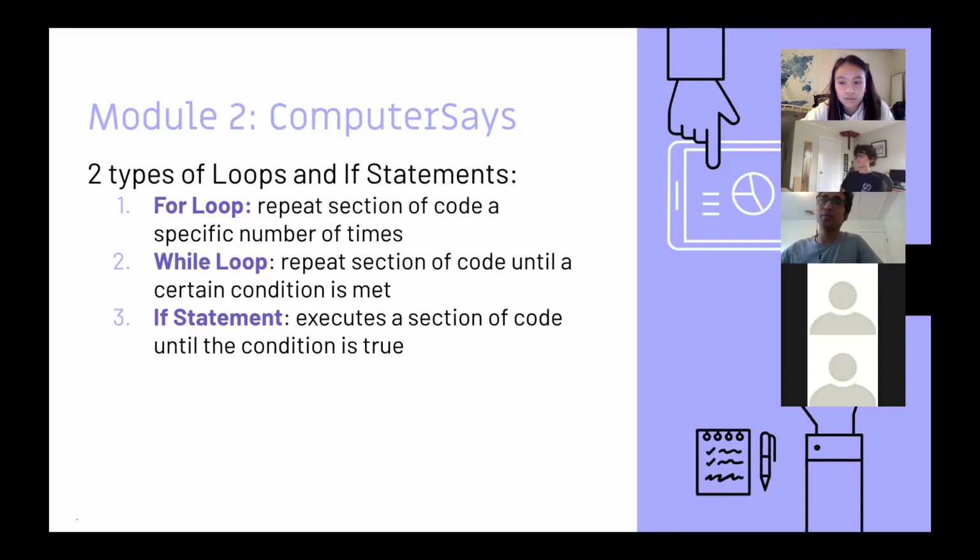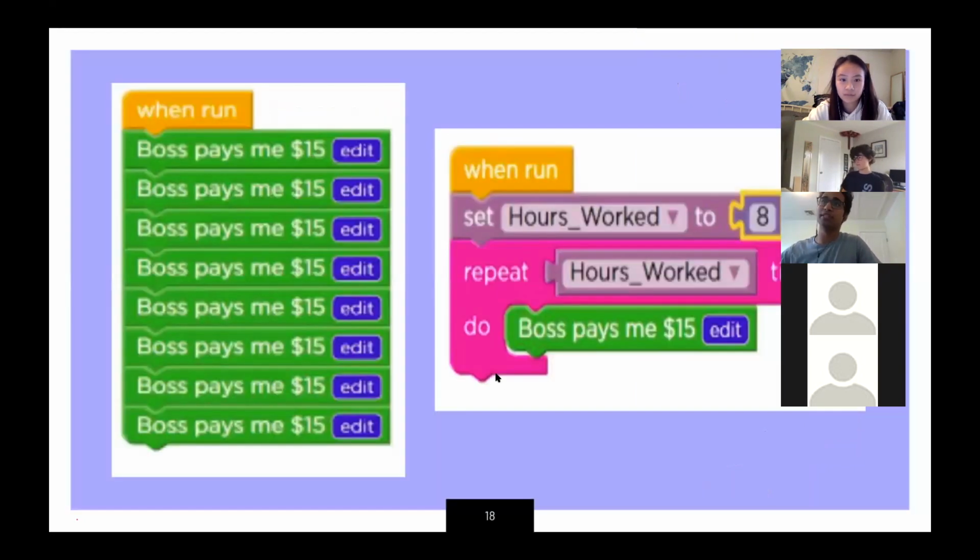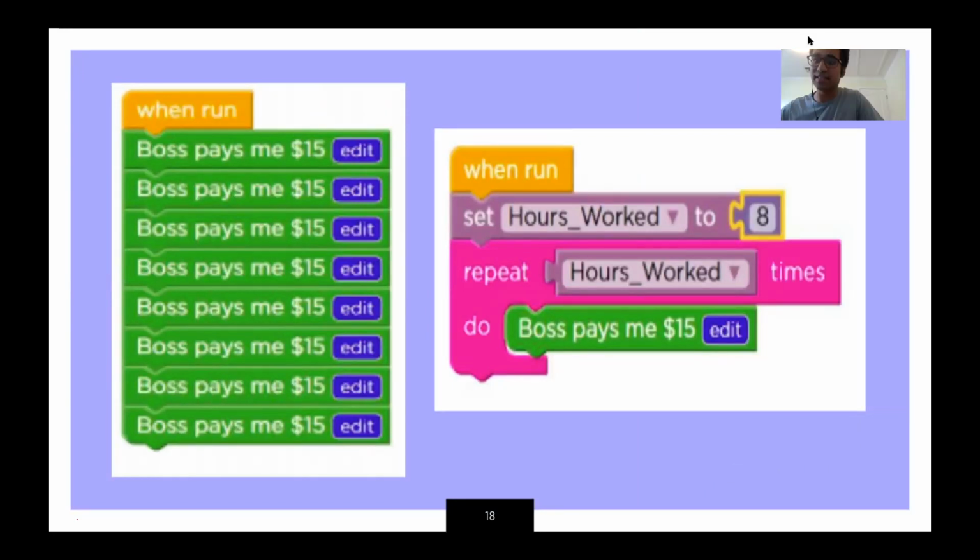So we can go into some examples of how these loops look in our code. Would anybody like to say in the chat or aloud whether they think this code is a for loop or a while loop? It says when run, you work 8 hours, and that gets you 15 pay.